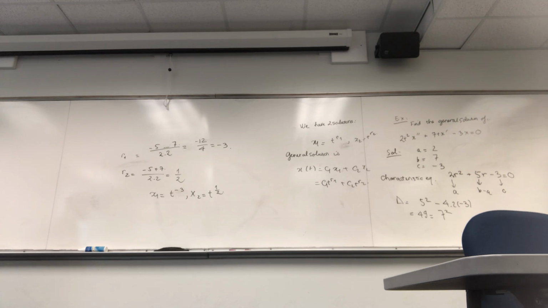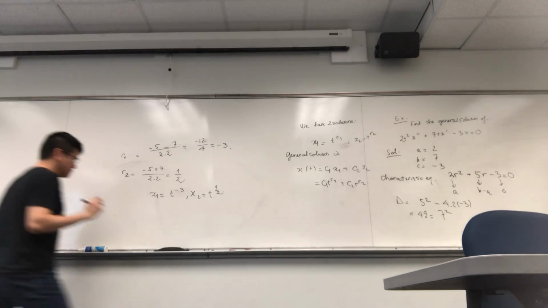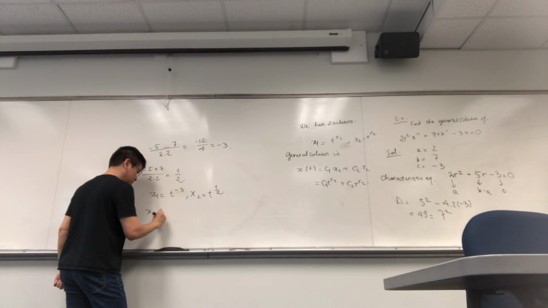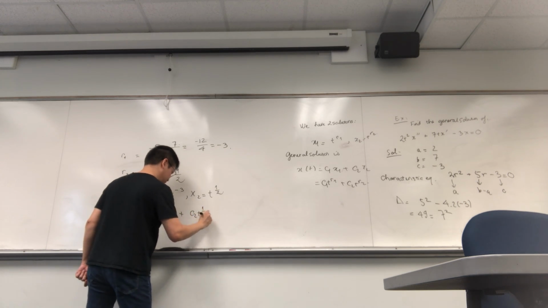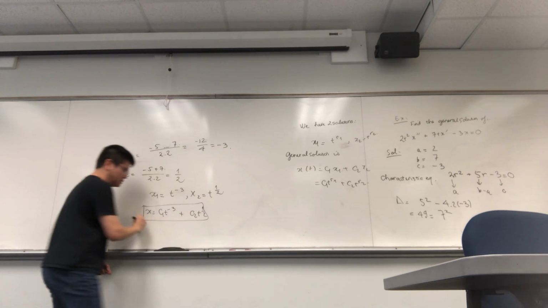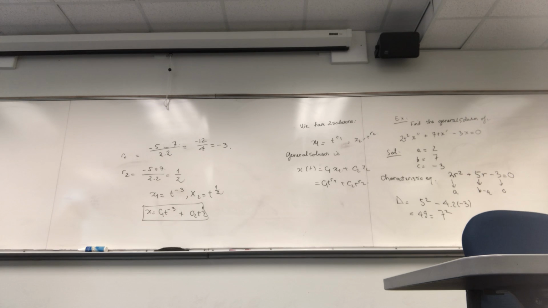What is the general solution of this? x will be c1 t to the power minus 3 plus c2 t to the 1/2. Right? So it is easy, right?